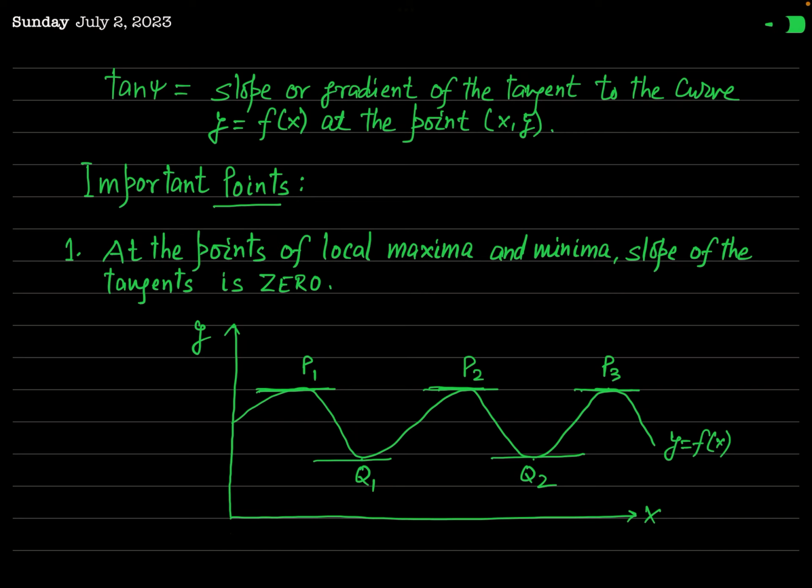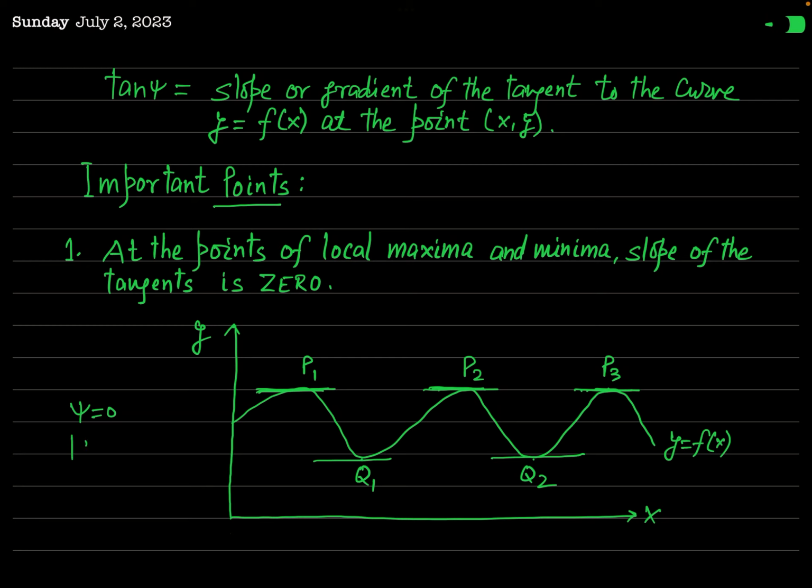And if the tangents are parallel to the x-axis, what does it mean? It means the inclination of these tangents drawn at the points P1, P2, P3 will be equal to 0. So these tangents make 0 angle with the x-axis. Okay.